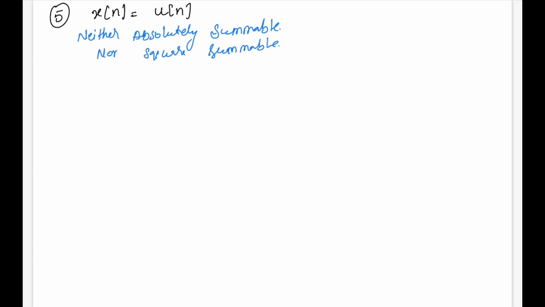So the expression of the Fourier transform, X(e^{jω}) equals the summation over n of x[n] e to the minus jωn, will not converge. We have studied this in earlier lectures. If not, please go to the earlier lectures and understand this concept. So basically we will not go by this approach.